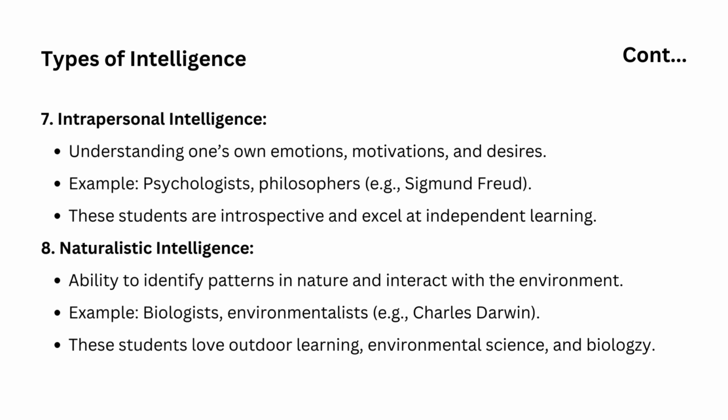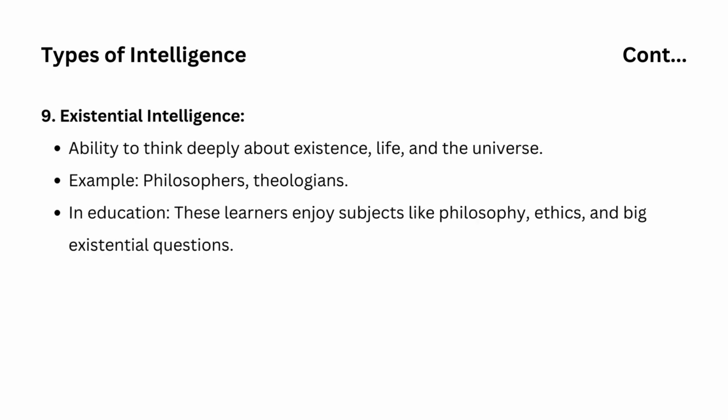Finally, existential intelligence. Existential intelligence is the ability to ponder profound questions about human existence, such as life, death, and the universe. Philosophers, theologians, and existential thinkers excel in this type of intelligence.